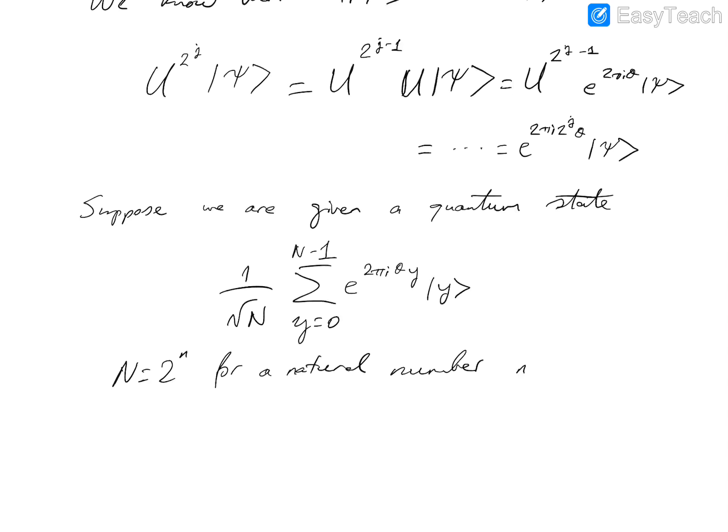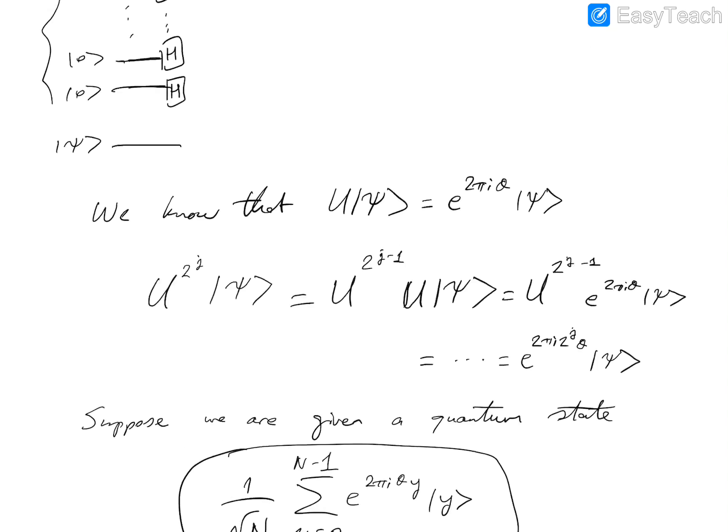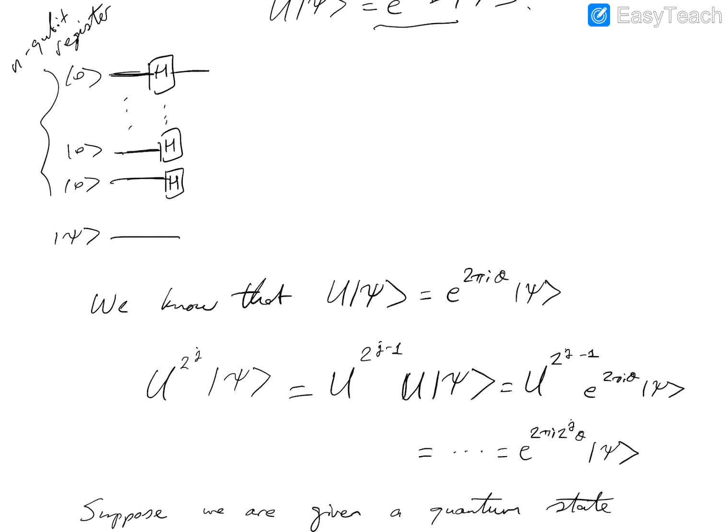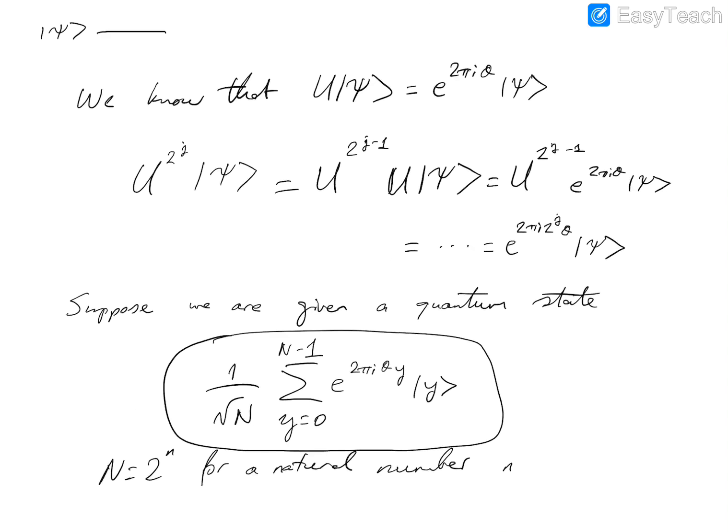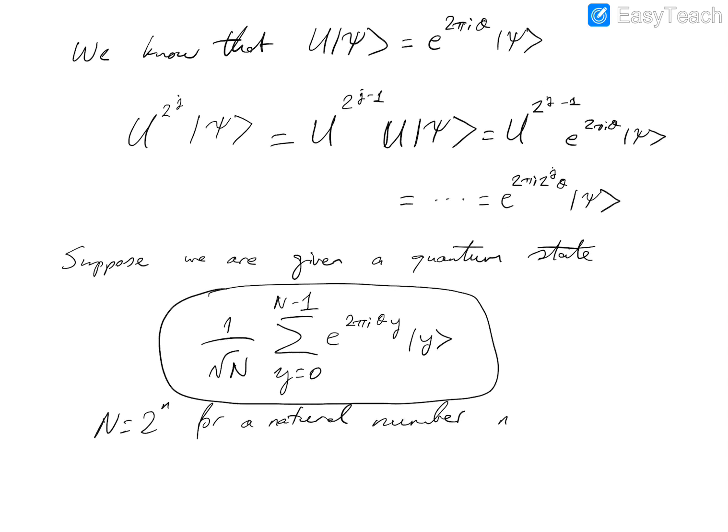All the basis states in the superposition will have an equal amplitude, which is 1 over square root n. So this is the state after applying the n-qubit Hadamard transform on the first register, the general superposition state.